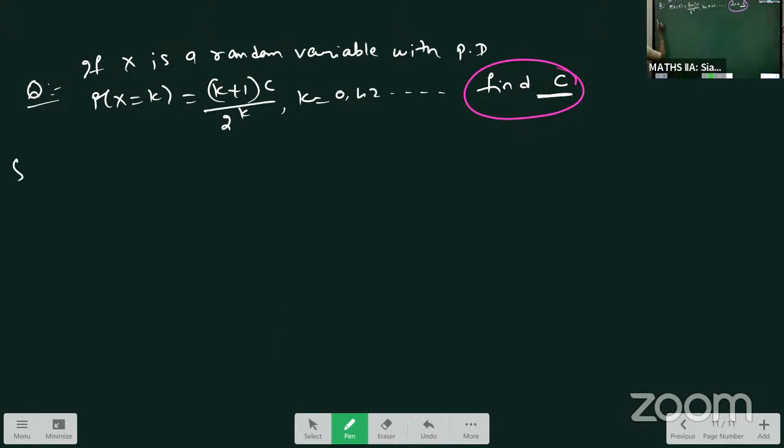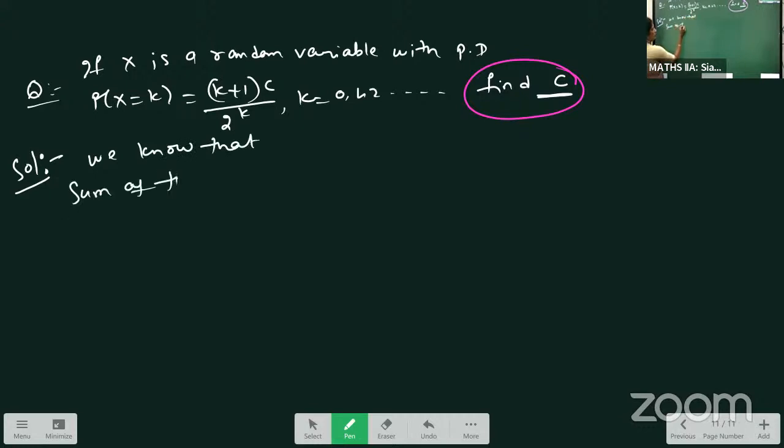When a constant is there in a random variable question, directly we have to apply, we know that, what formula we have? Sum of the probabilities is equal to 1. So this can be written as sigma P of X is equal to Xi is equal to 1.